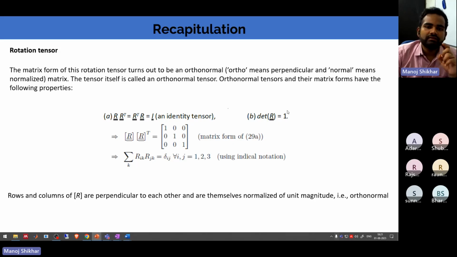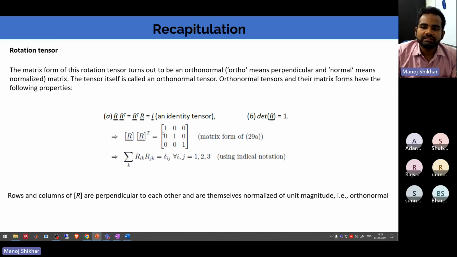There is one thing: rotation tensors belong to a special kind of set. Their matrix representation is actually an orthonormal matrix. The special property of an orthonormal matrix is that all its rows and columns are of unit magnitude.